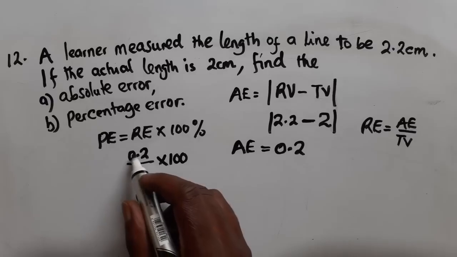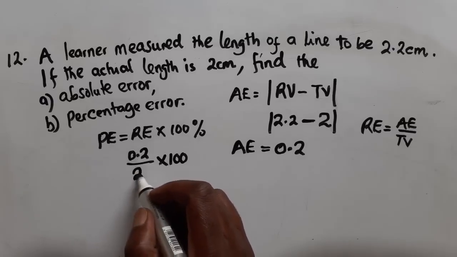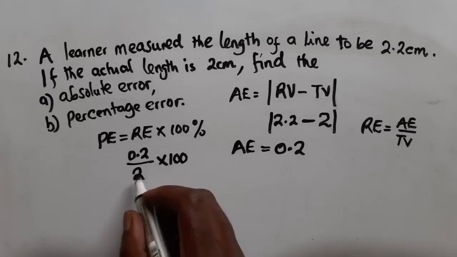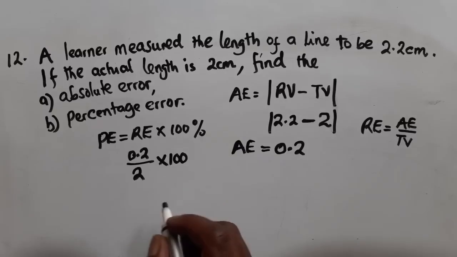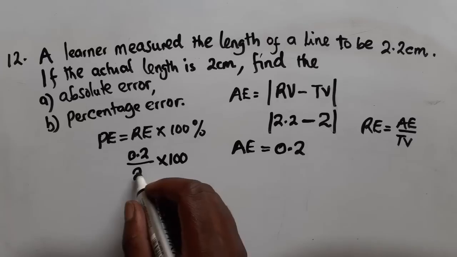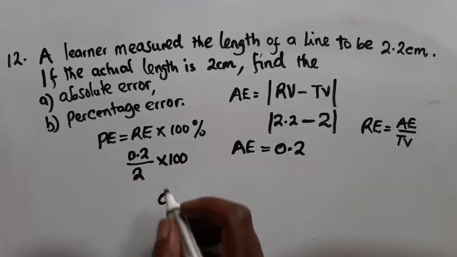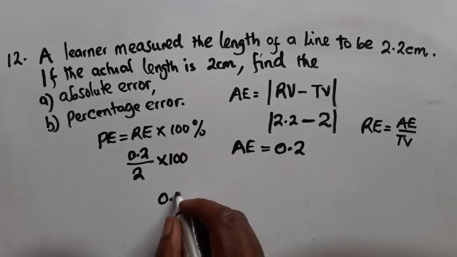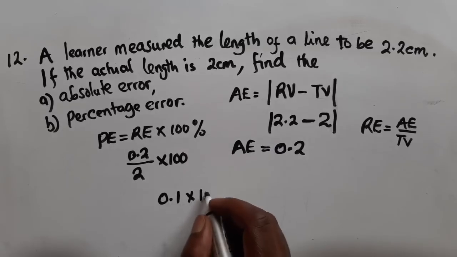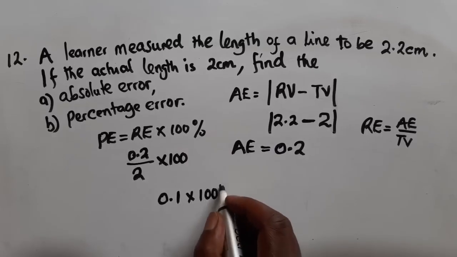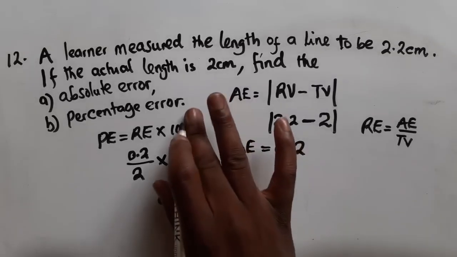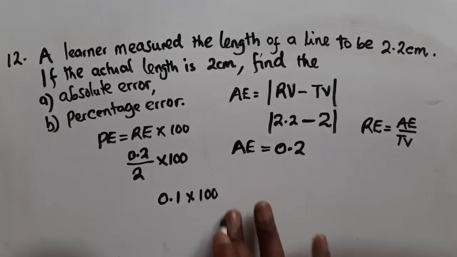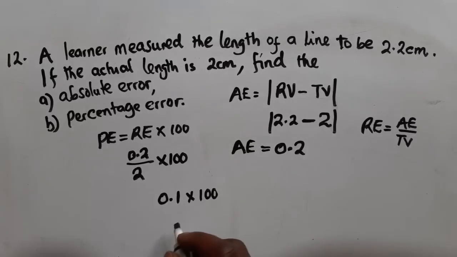If you want, we can divide this here. 2 into 0 gives us 0. 2 into 2 gives us 1. Multiplied by 100%, this is going to give us 10.